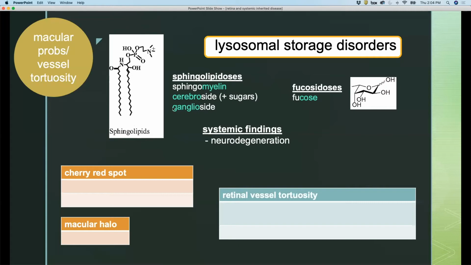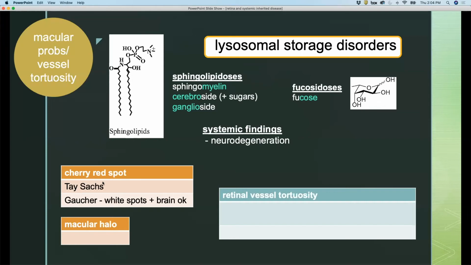And ganglio also helps tell us, okay, that's important for the nerves. And fucosidosis, it's another sugar, but not one of these sphingolipidoses. So in general, they all have neurodegeneration.